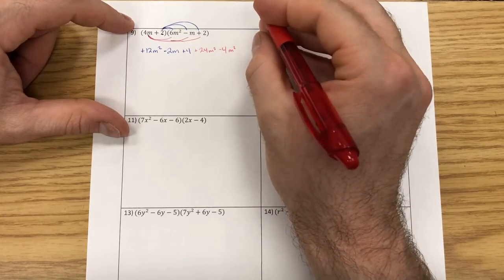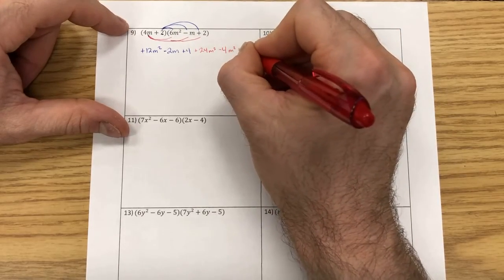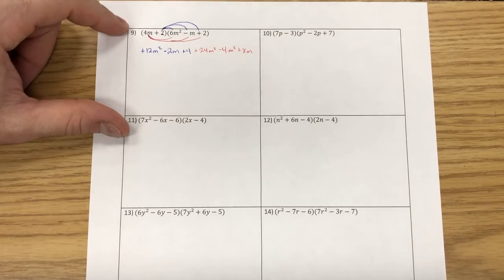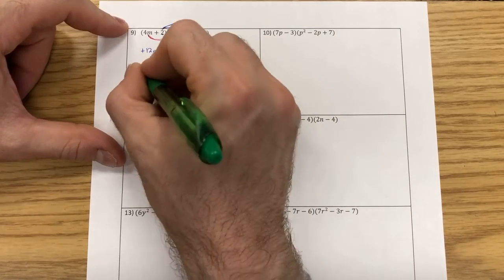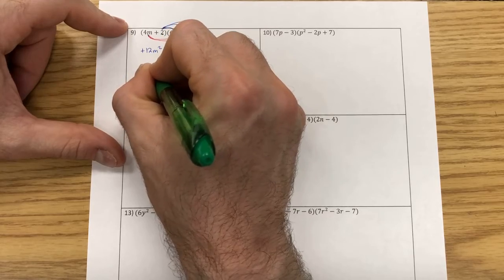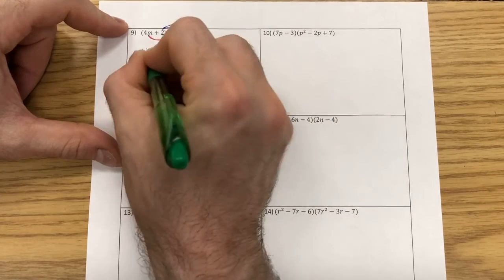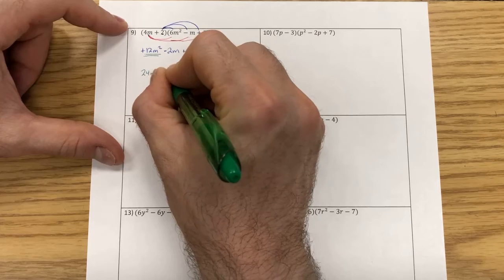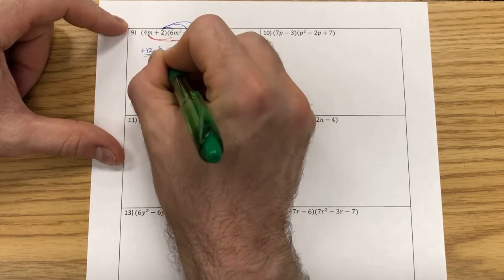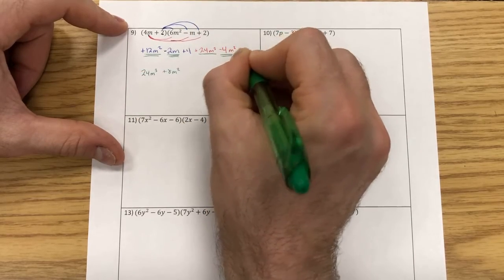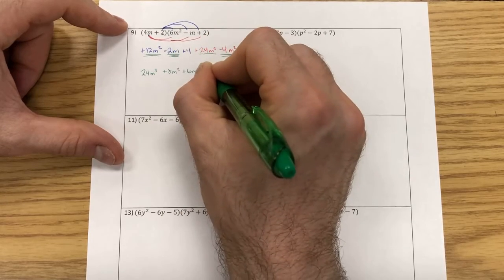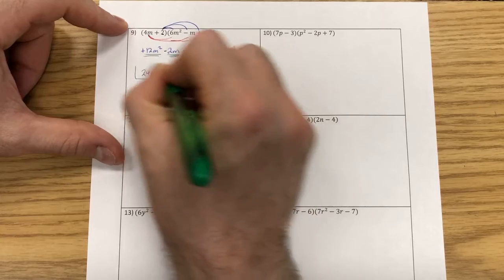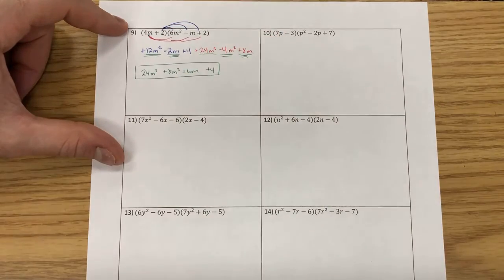I have an m squared. 4 and 2 make 8. So for our final answer, we just go from the highest exponent to the lowest exponent. Boom, and that's it.